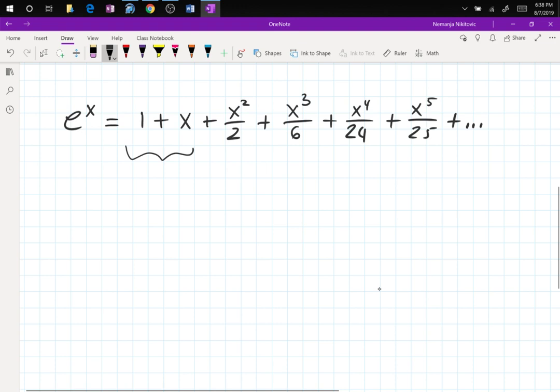But now in the next line, I'm going to add an additional term. So that's 1 plus x, which is the old stuff, and now I'm going to add plus x squared divided by 2. Now, what do you see on the graph?